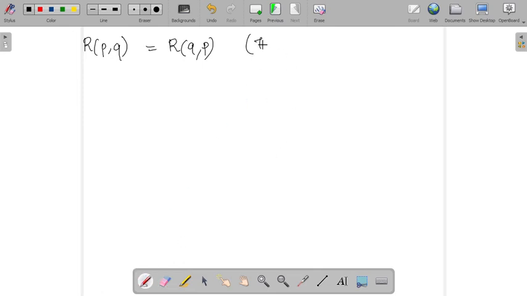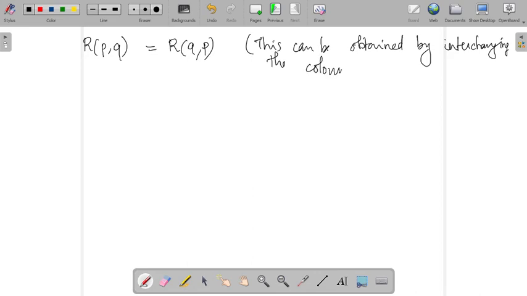So this can be obtained by interchanging the colors, red and blue.